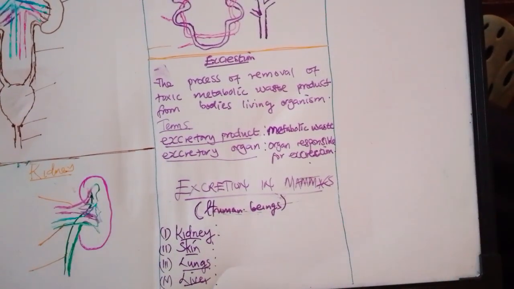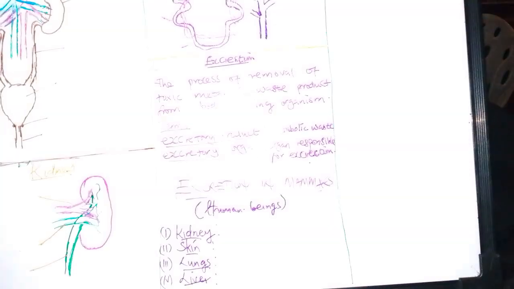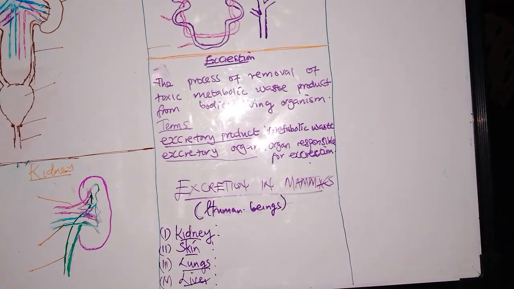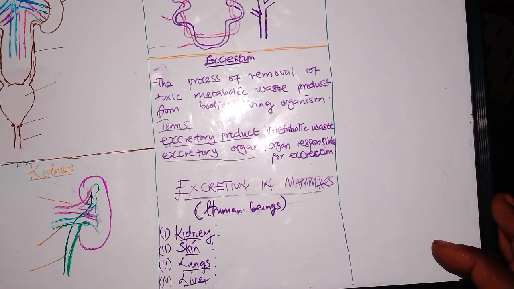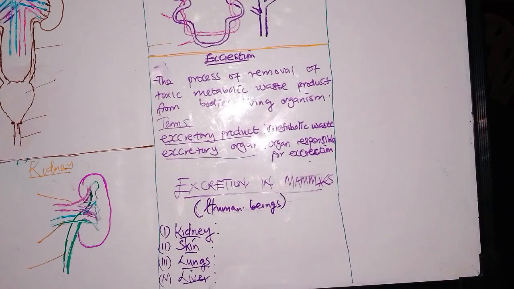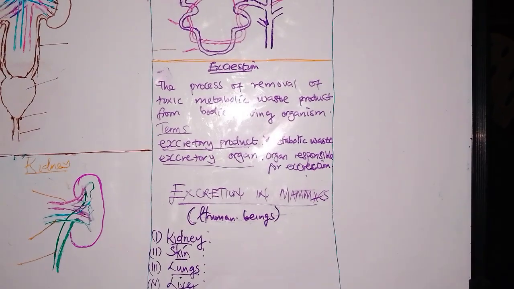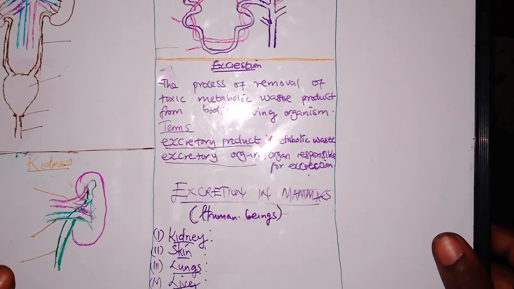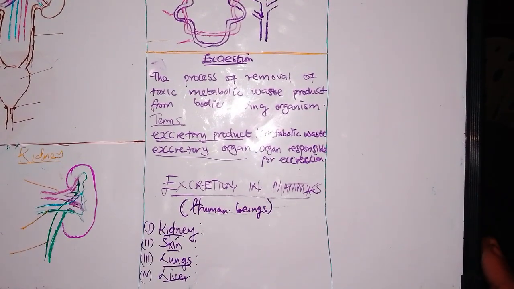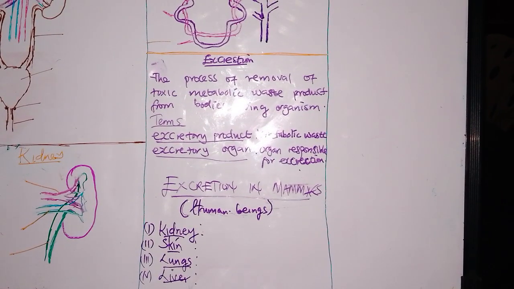Now we have identified the organs that excrete waste. The next thing we were supposed to look at is what these organs basically excrete, the excretory products. We are going to start with the kidney and the skin.